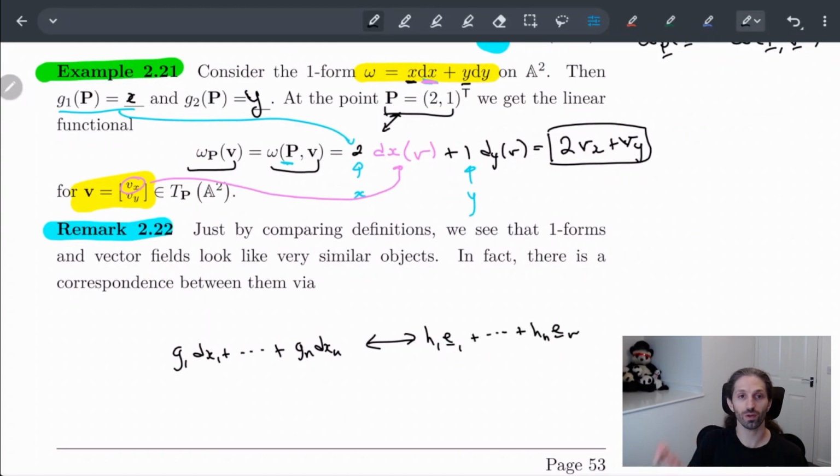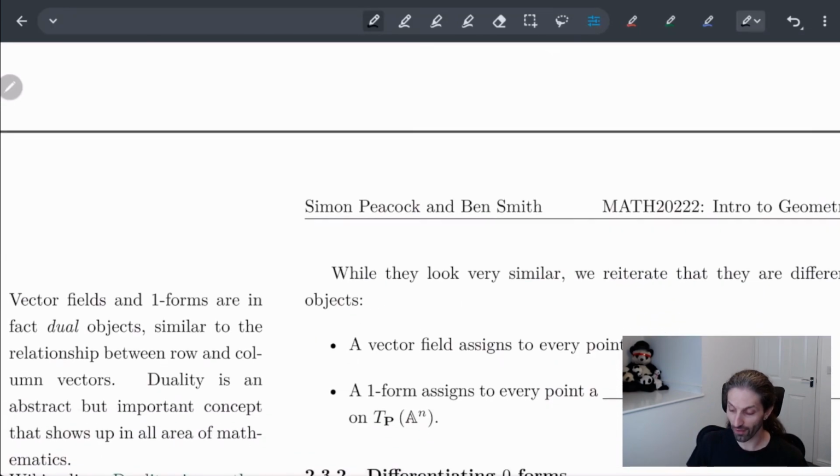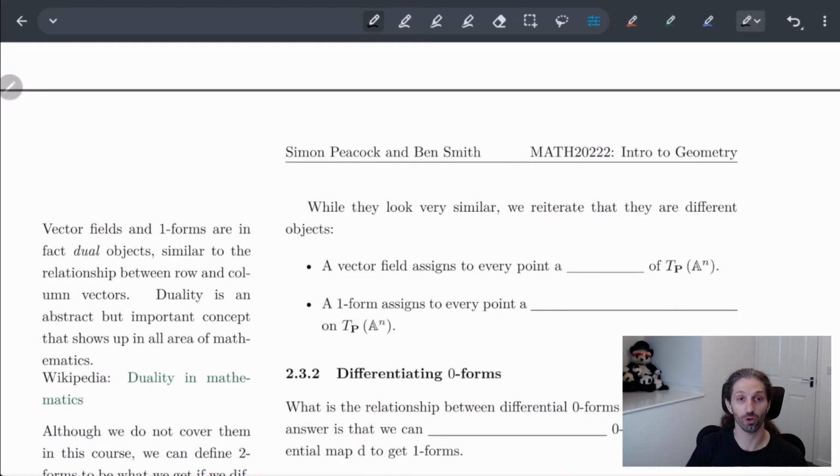So there's a nice way to go from one to another. But as we've been talking about regularly, we have to remember that these are two totally different objects.